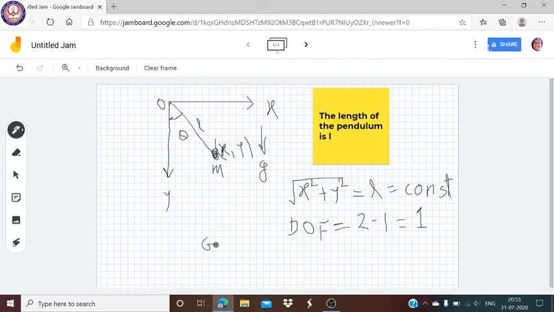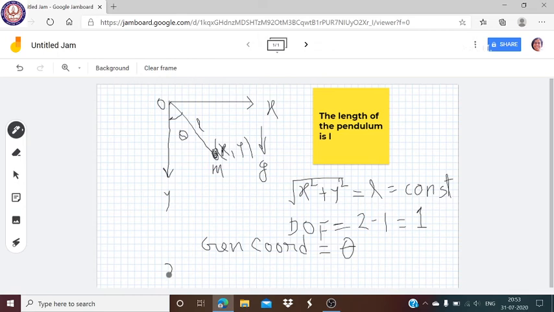And let's choose the generalized coordinate as theta, where theta is the angle between the pendulum and the y-axis. If we choose the generalized coordinate theta, we can define x and y in terms of theta.